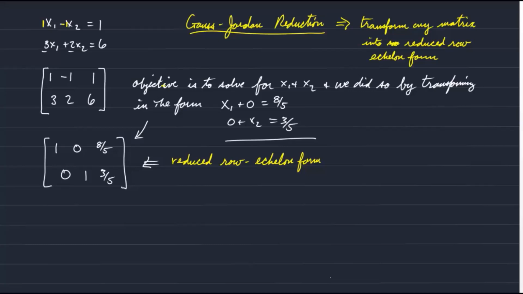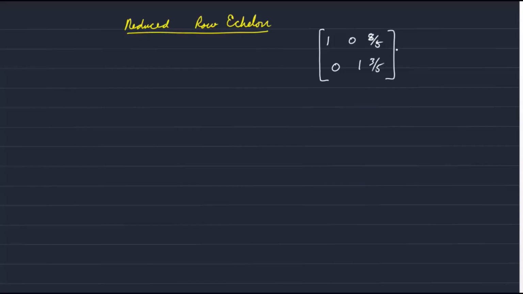So now let's define this reduced row echelon. And I will go ahead and write the matrix that we ended with when we solved our first 2x2 system. There's a series of 4 definitions.